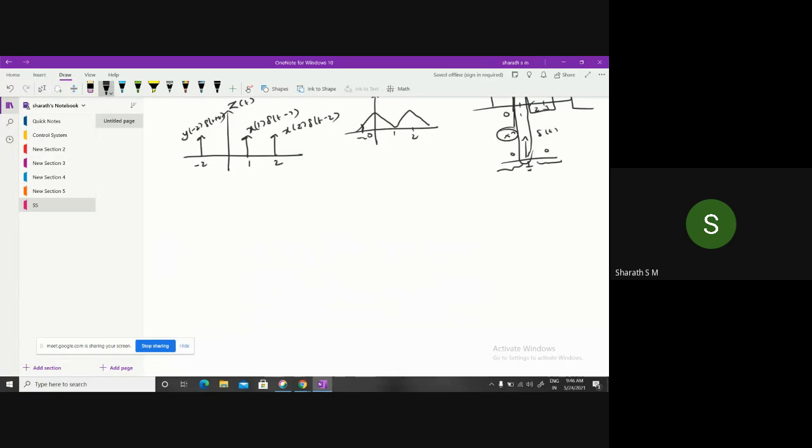Read the next question. Evaluate the following integrals.